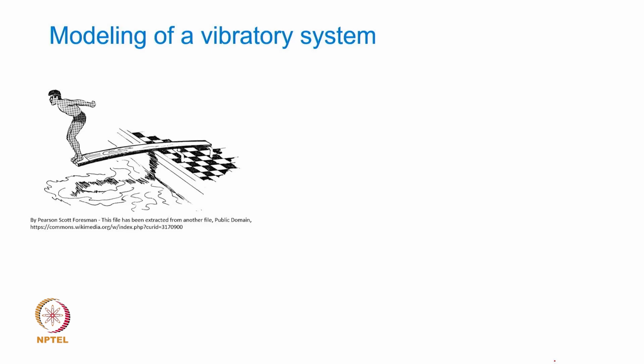Another example here: how do I model this system as a vibratory system? A diver is jumping off a springboard. There are interesting things here.